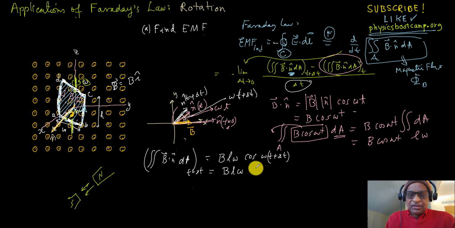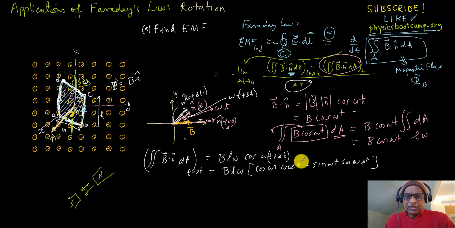So this will be B l w. You can do it a couple of different ways, and a simple way is cosine omega t cosine omega delta t minus sine omega t sine omega delta t. Okay, so in the limit, we can see this will be 1 minus omega squared delta t squared over 2, and this would be maybe omega delta t.